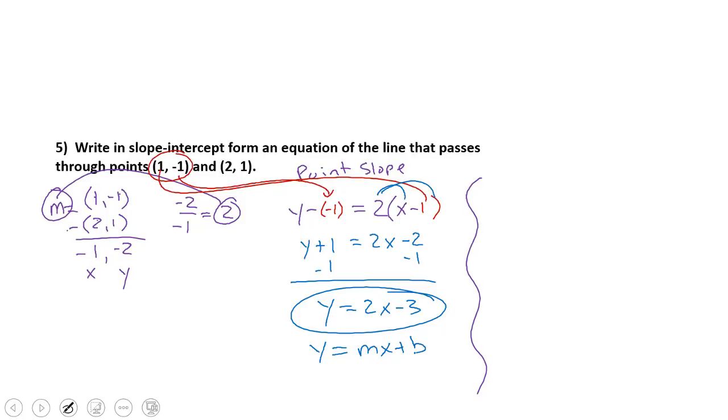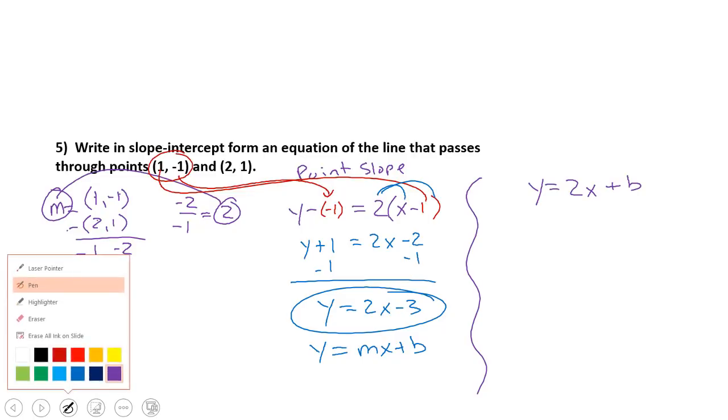All right, so let's do it in the slope-intercept form. Doing it the same way, except instead of the point-slope form, we're going to use the slope-intercept form. And so I'm going to start off and say y equals my slope, which is 2, times x plus b. And then I'm going to plug those numbers in again.